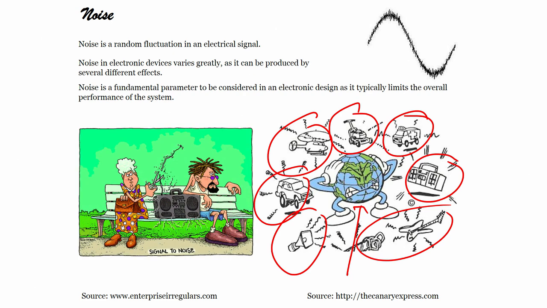If you see this particular image, which is a very nice image, from enterprisesregulators.com, we see signal to noise: the sound that comes out of this particular radio is music for this guy, while it is noise for this woman.